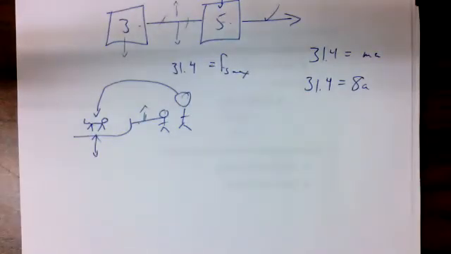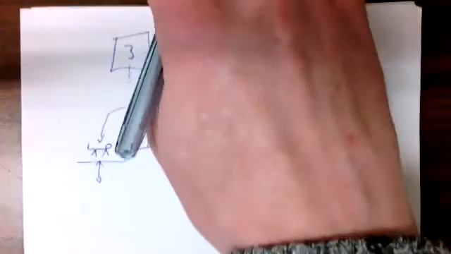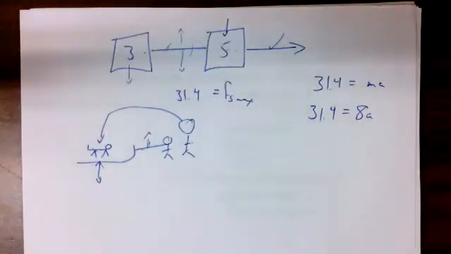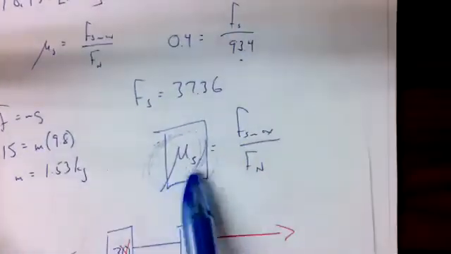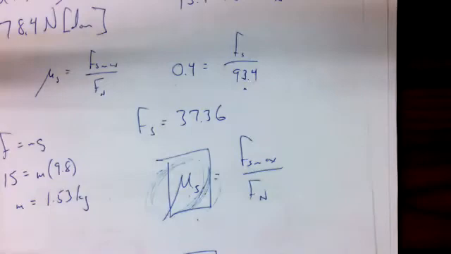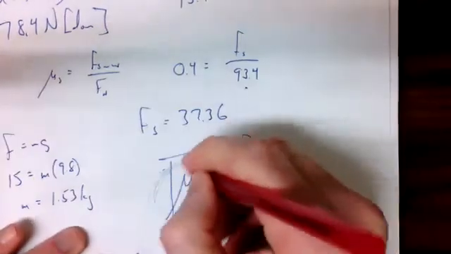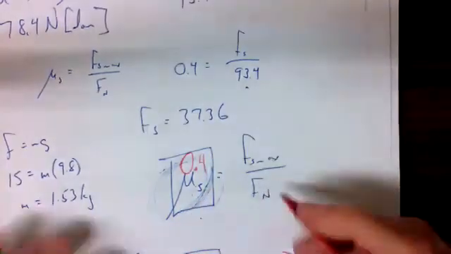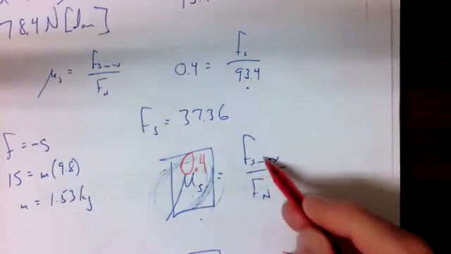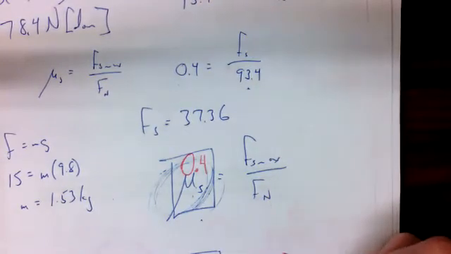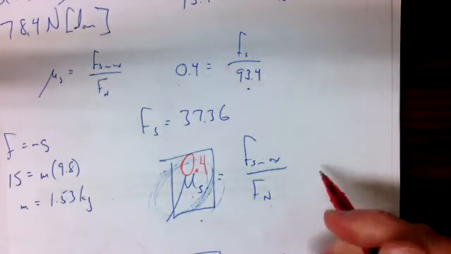But if it was on the 3 or the 5, either one, static friction is going to be more. Remember, mu s is the part that doesn't change, and this was 0.4. So if one of these increases, the other one's going to increase, so it doesn't matter which one it's on, it'll change either way.